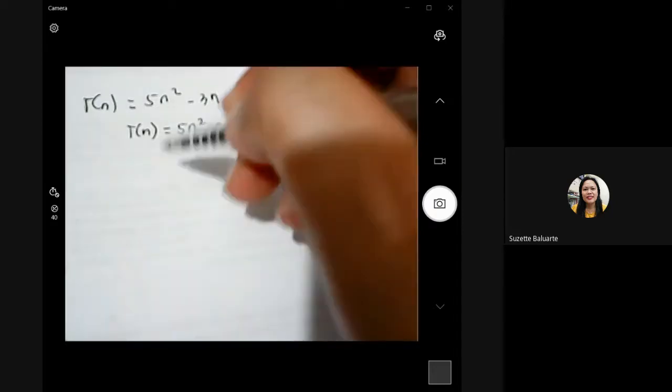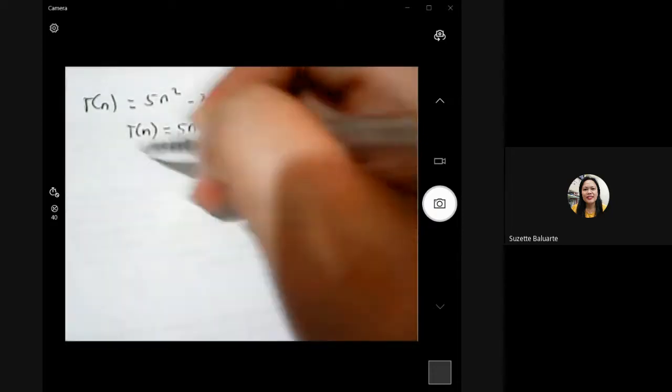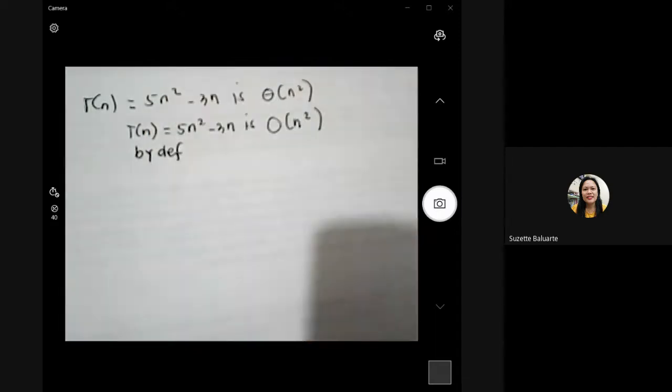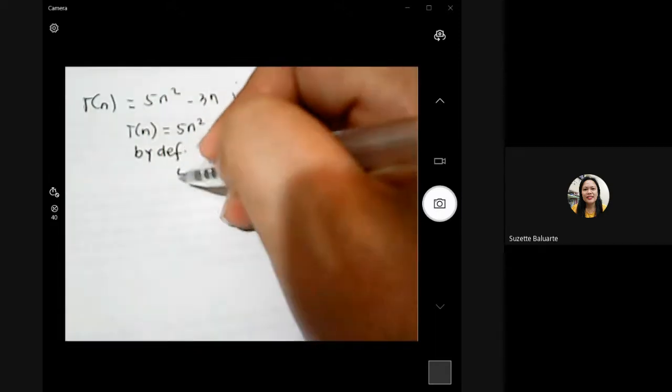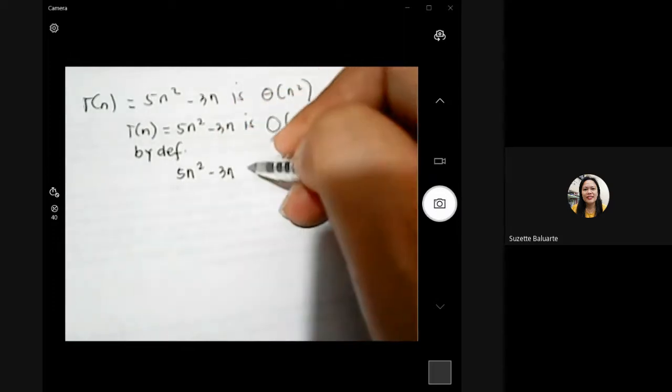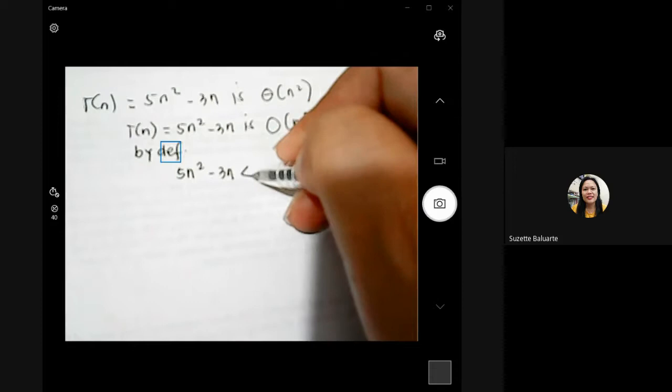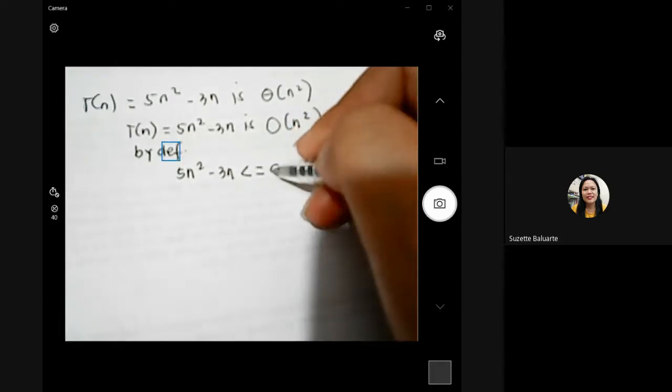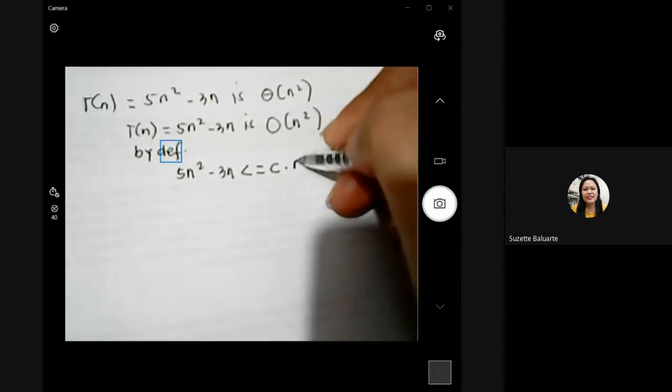By definition, 5N squared minus 3N is less than or equal to C times N squared.